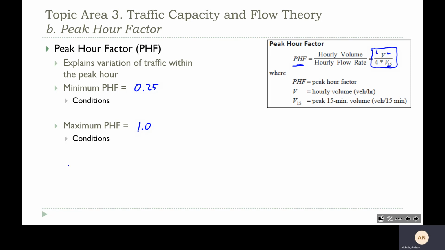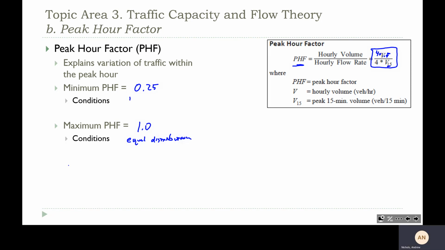Because then we end up with 4 times V15. That would mean that every single period was exactly the same, so you have no variation in traffic. Every single 15-minute interval has the exact same value. So this is a completely equal distribution.